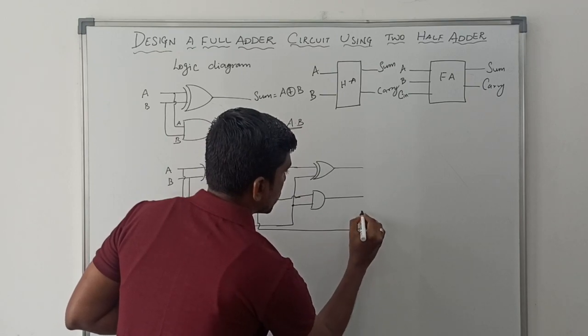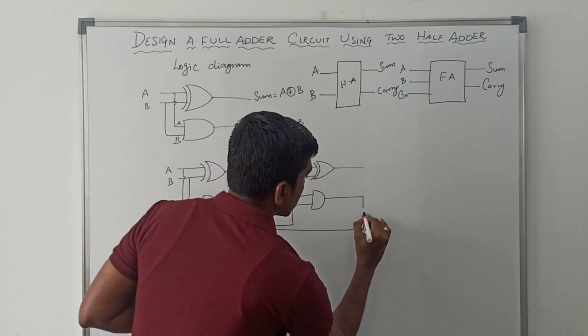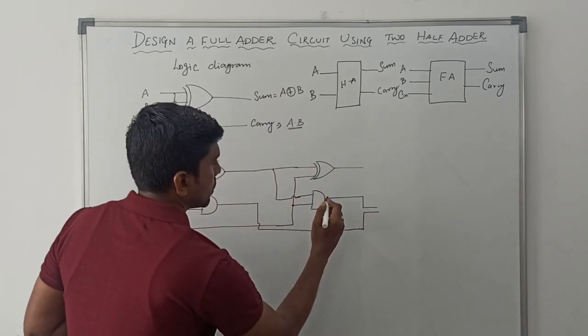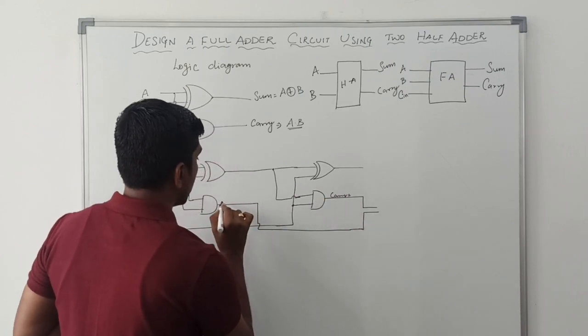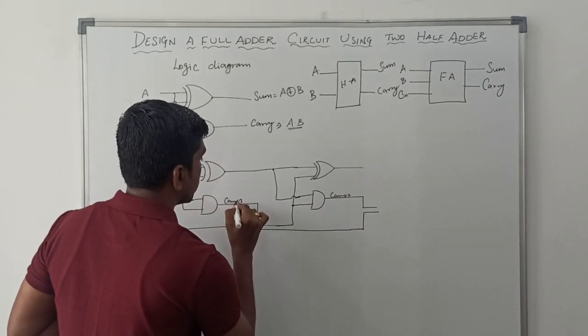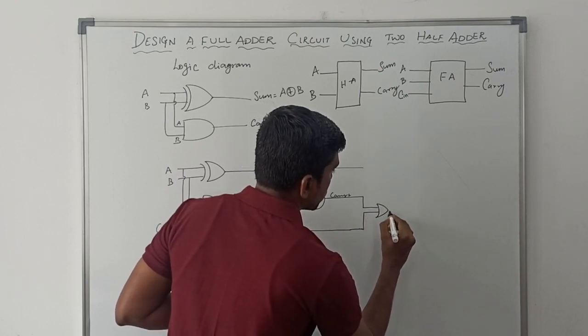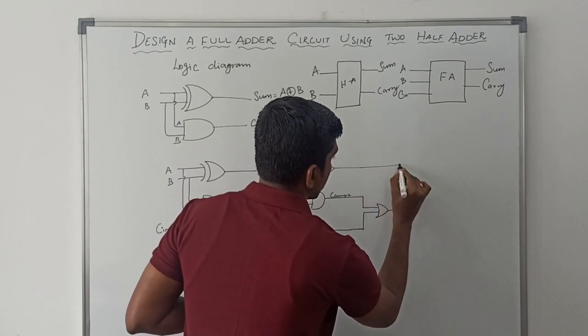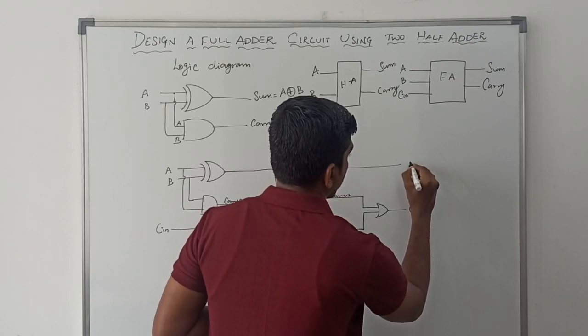In this circuit we have two carries: carry 1 and carry 2. Finally you add these two carry values using the OR gate, and you get the final carry output.